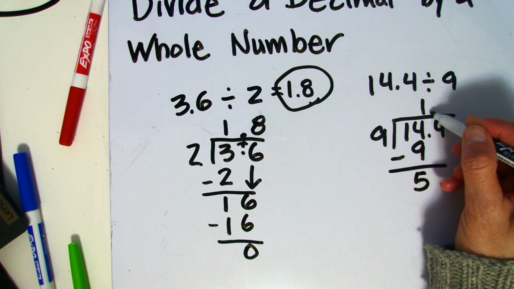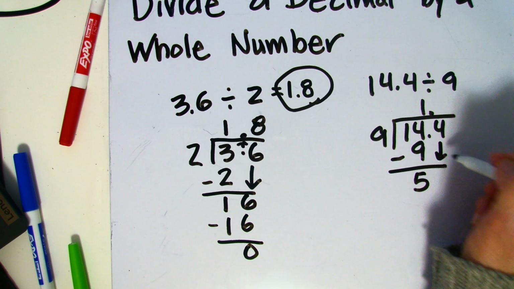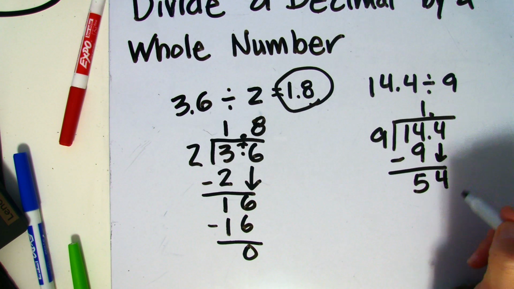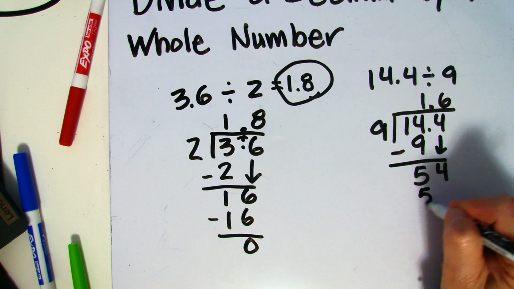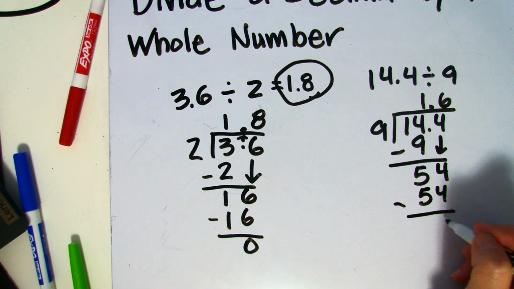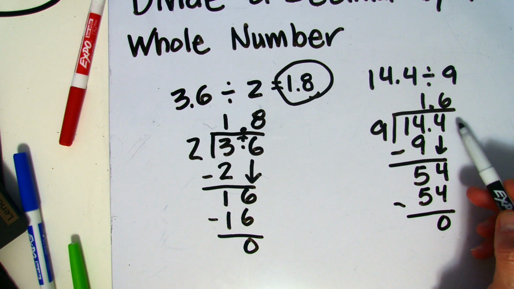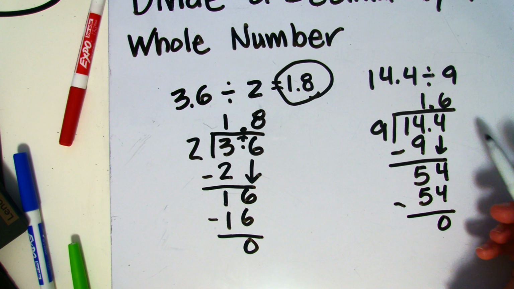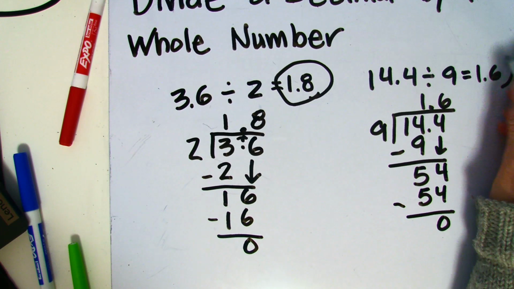And looks like I needed to move that decimal point up. Bring down the 4. 9 times 6 will give me 54. Again, I came to 0, and there are no other digits to work out or bring down. So my answer is 1 6/10.